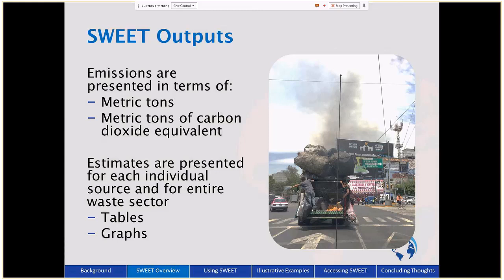The estimates are also presented for each individual source, in addition to the entire waste sector. They're presented in tables and graphs and separated by scenario, whether it's baseline or one of the 4 alternative scenarios.